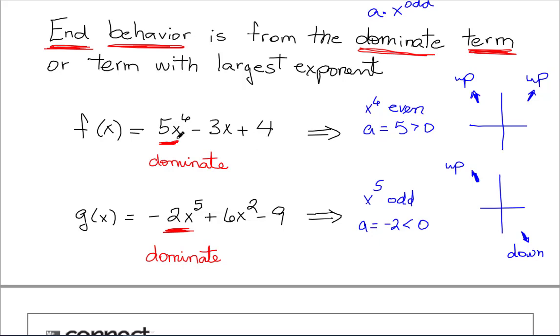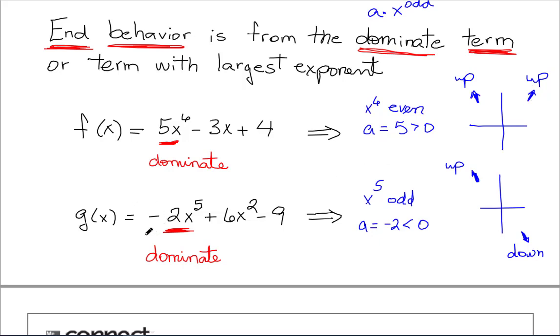The highest exponent in there is 5x to the sixth. Well, x to the sixth is an even power, and the dominant number in the front is 5, and that's positive. So imagine x to the sixth. The two ends of it are up.